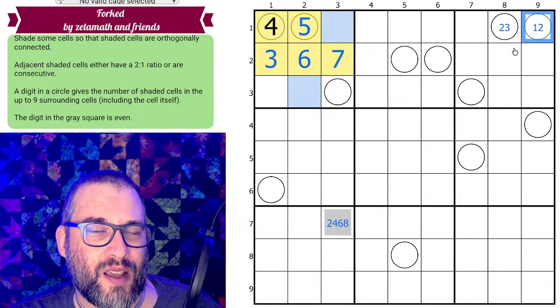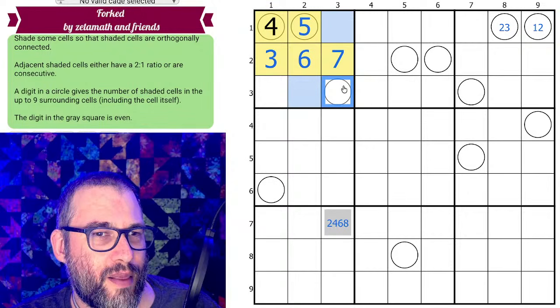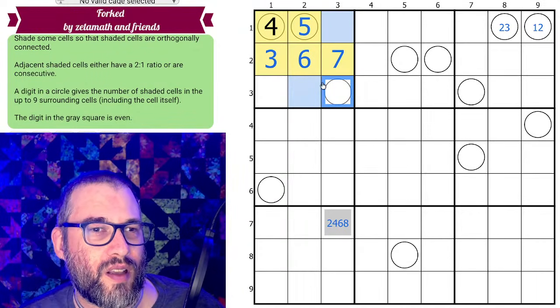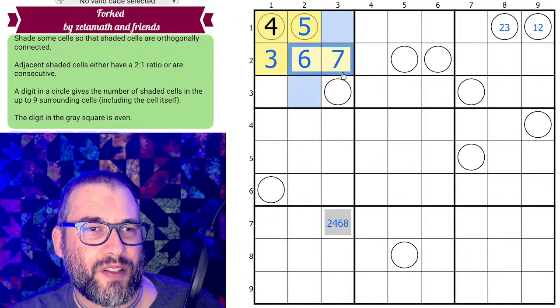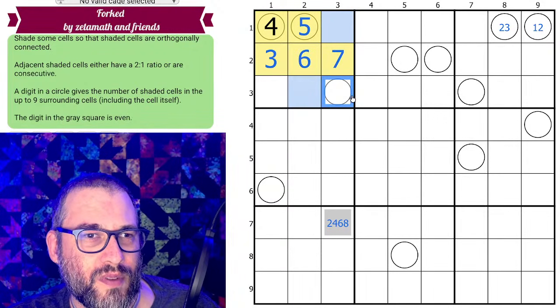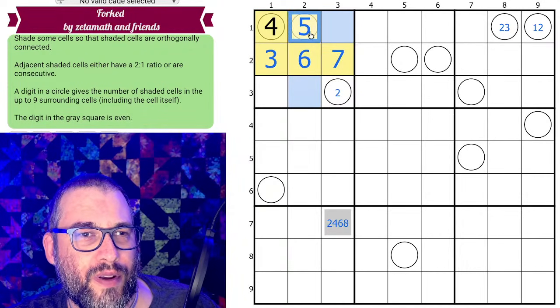And so this one can't be a 3 either. This sees 2 already, so it could be a 2. And it's not 3, 4, 5, 6, 7, and it's not 9.